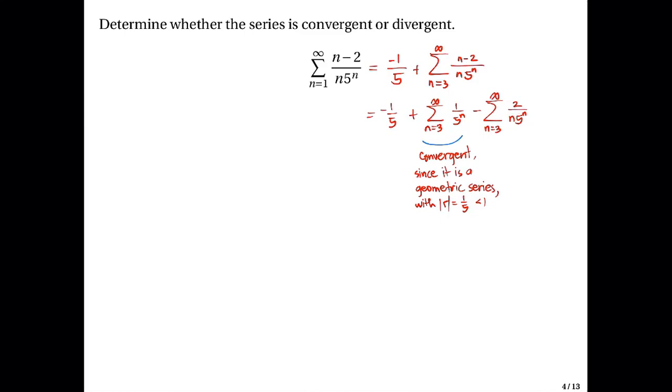So it's still the same, and you would still have to explain why it is convergent. The 1 over n, the n is a polynomial, so it is slow. So let's use the 5 to the n. So for this one, we will consider 1 over 5 to the n, from 3 to plus infinity. And again, this one is convergent, with the same reasoning as in the other one.